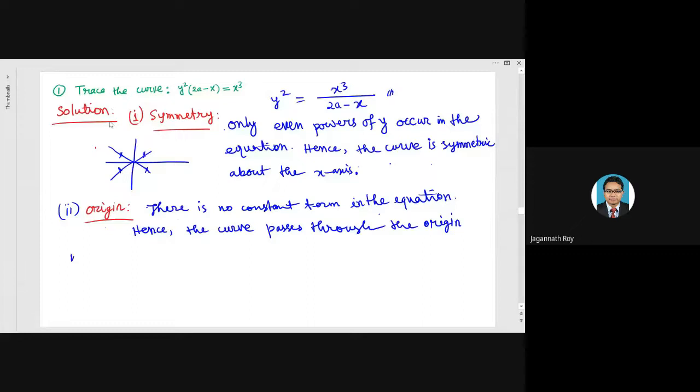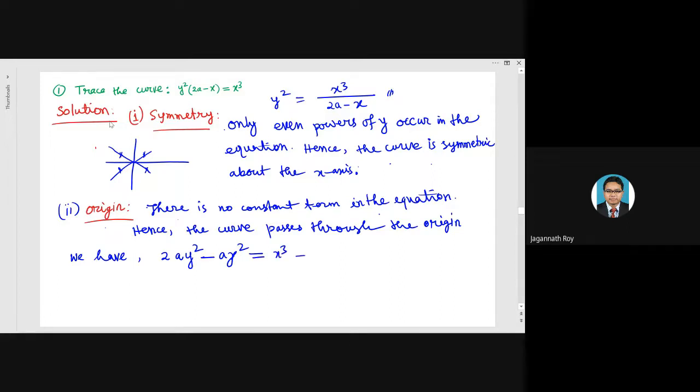Now we have 2a y square minus a y square equals x cube.